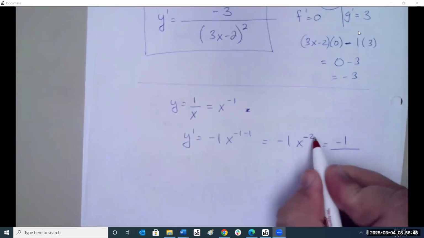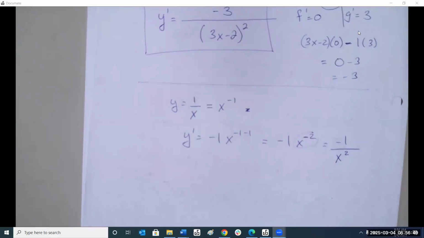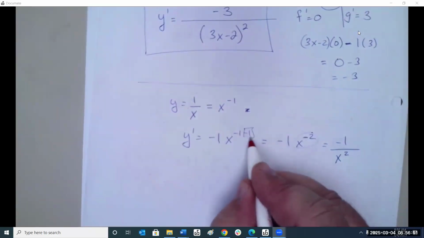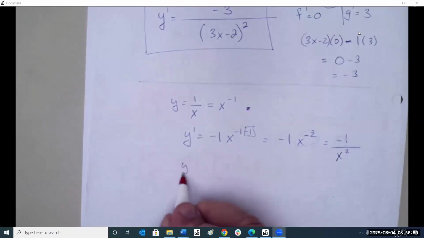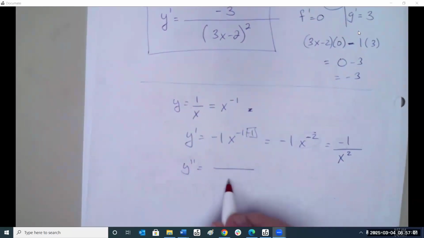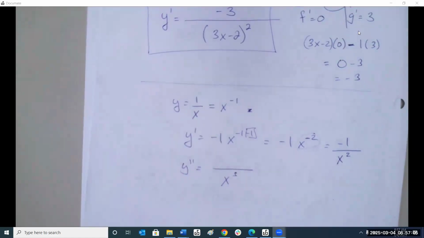Since that's a negative exponent, it goes down, it drops. Because of this, it always just increases by 1 on the bottom. So in the second derivative, our denominator, instead of x squared, it's going to be x cubed, and whatever the top's going to be.